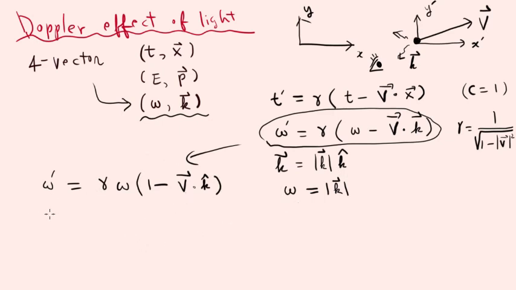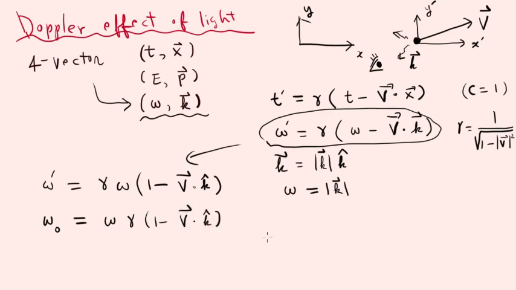And now you notice that omega prime is the frequency that is measured with the radiation source at rest. So that would be the frequency we might call omega 0, the true frequency of that radiation, if you like. So that's omega 0 equals omega gamma (1 minus v dot k hat).